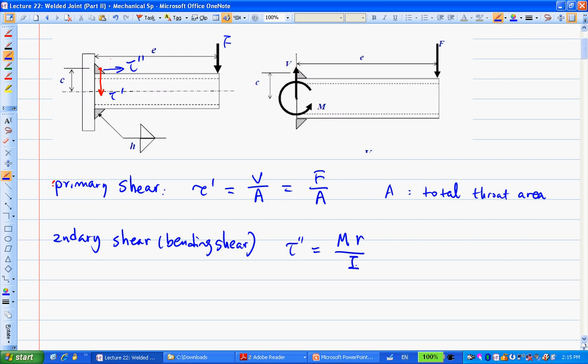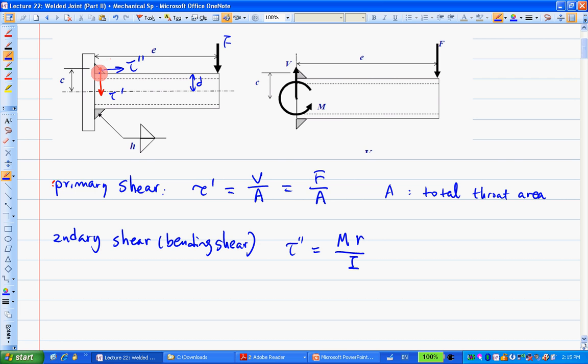Technically, when you calculate the R, you would find the vertical distance from here to the center line. If this is a D here, then you would probably have to add a little bit of distance at this location.